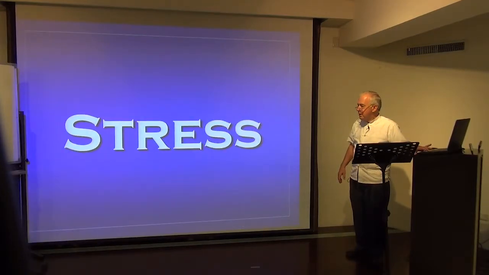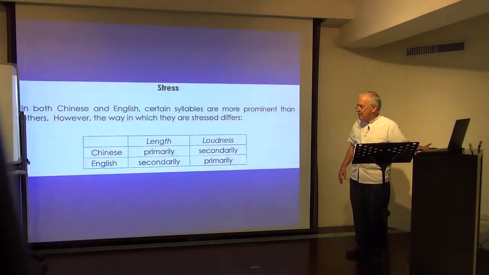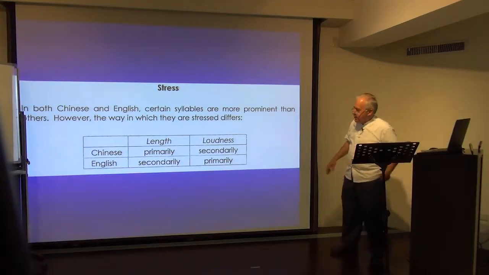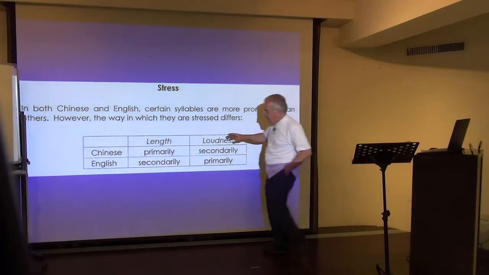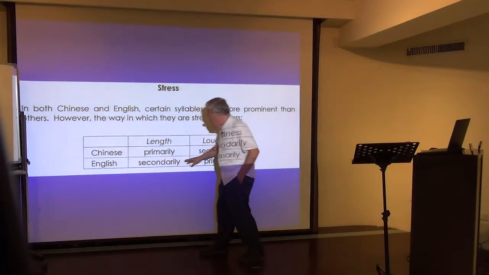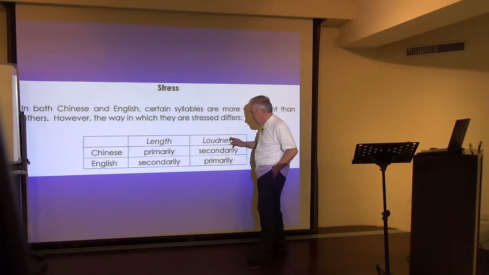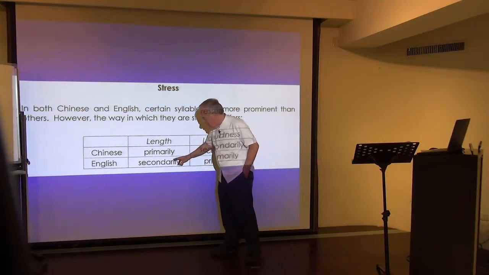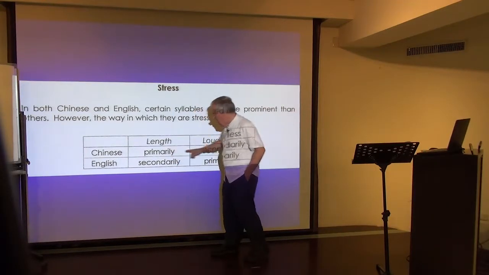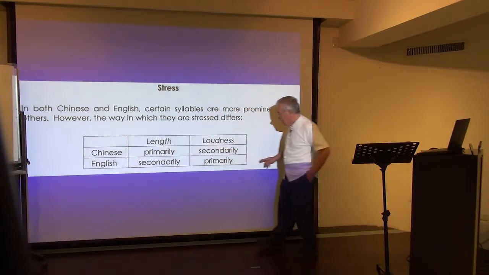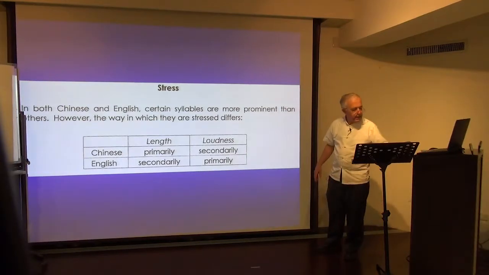Okay, let's move on to stress. What's interesting is that whereas in, say, English, stress is mainly loudness and secondly, length, in Chinese, it's mainly length and only secondarily loudness.